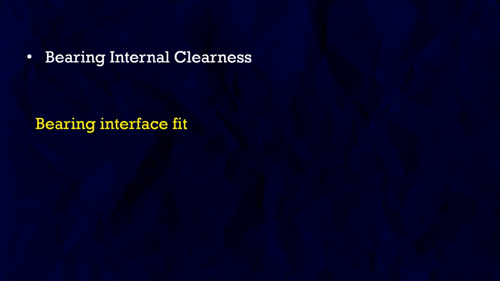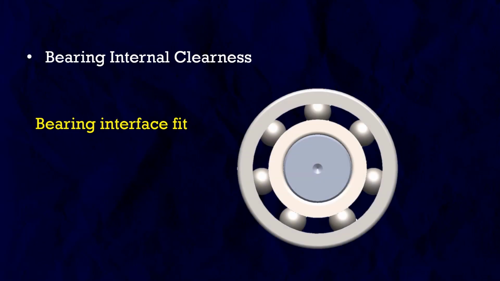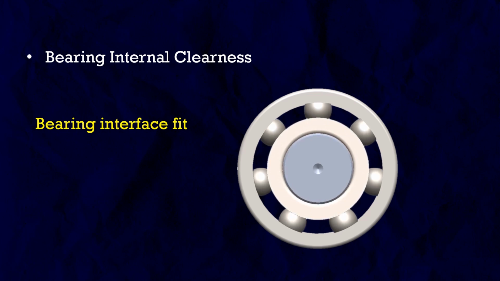And we need some amount of clearance because of two main reasons. The first reason is that we fix the bearing with an interference fit over either the bearing inner race or the outer race. Due to the interference fit, the bearing race will expand. And if there is no clearance within the bearing, the ball will get stuck between the outer race and inner race.